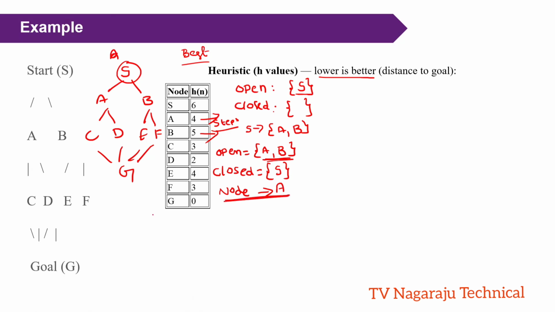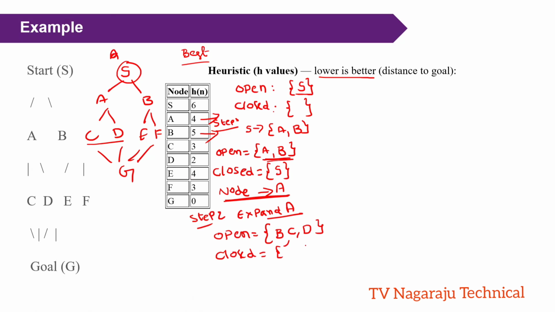Now in the next step, which node do you need to expand? You need to expand node A. Now open is equal to B, which is already there. Now what are the children of A? C, D. And closed is equal to S, which is already there, and now A is also there, A, S. Now is the goal reached or not?